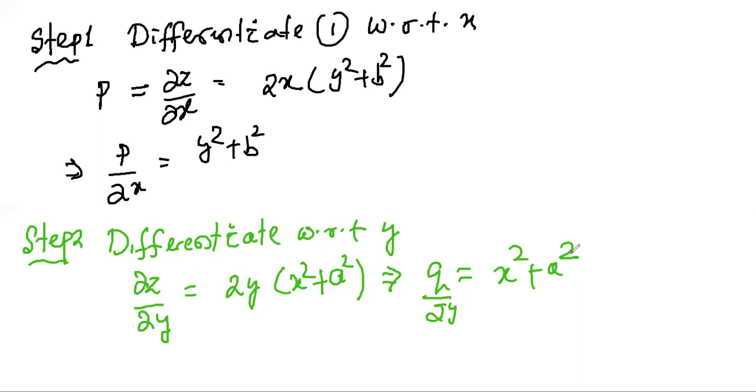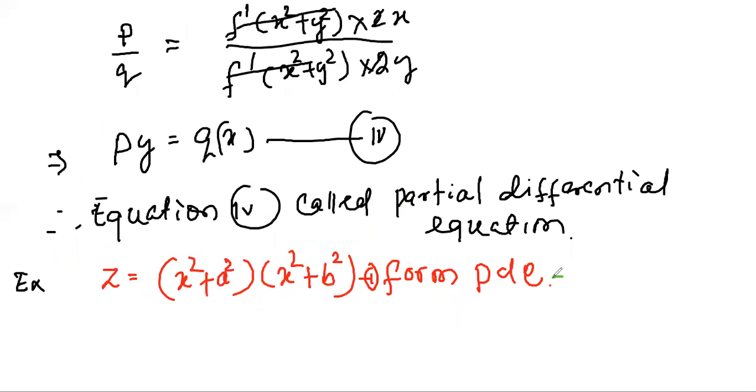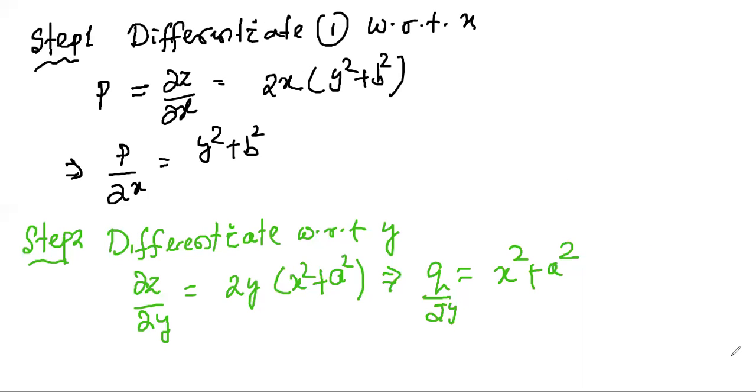Now put the values of x square plus a square and y square plus b square in equation 1. This is equation 1, which I have represented. We have to put their values. So what is the value?